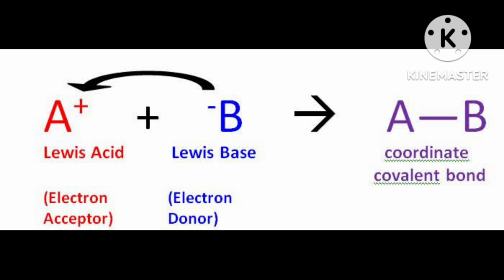What do you have to do? Very easily, the conjugate acid should have one extra proton in each case, because they differ only by one H plus.